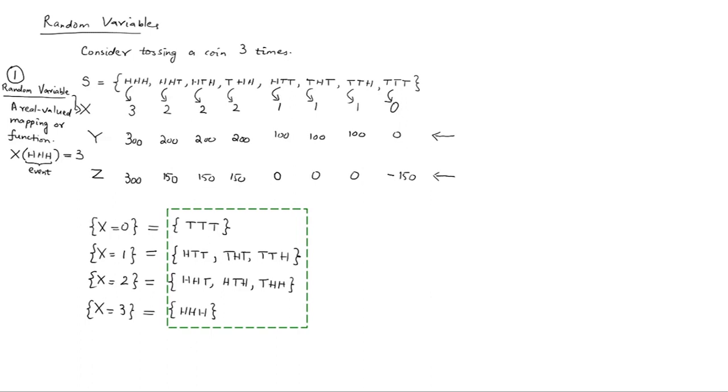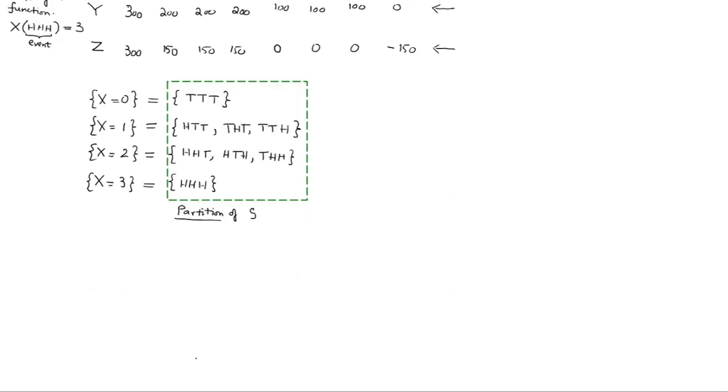So this means that these sets form a partition of S. And what do I mean by partition? It means that I have non-overlapping subsets of S, number one.